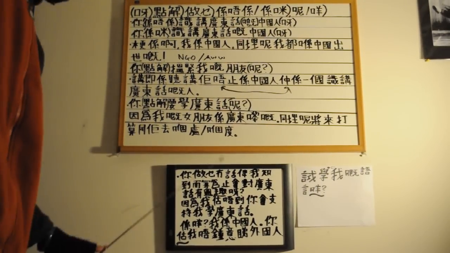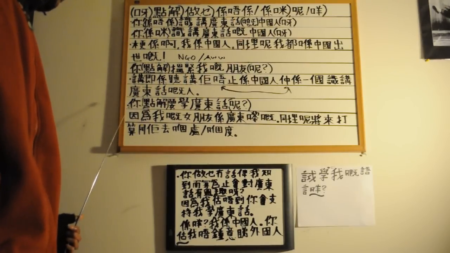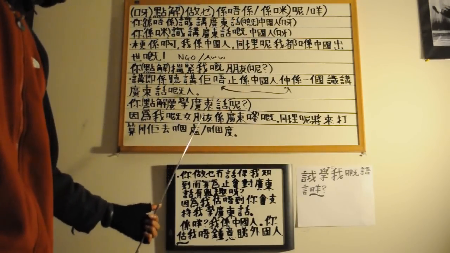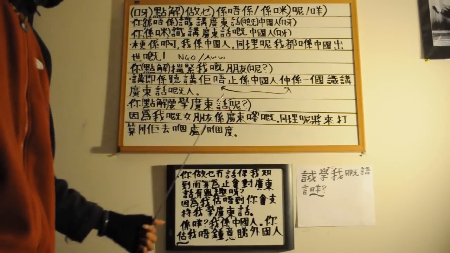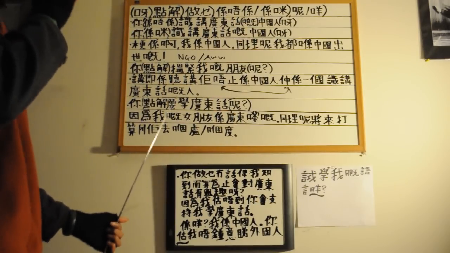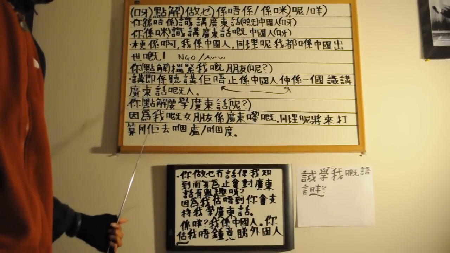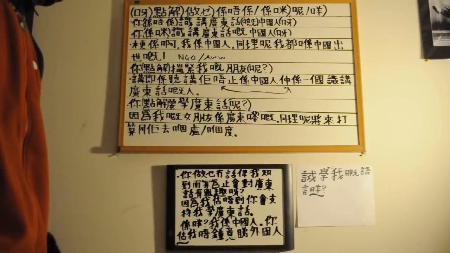Okay, moving on. What is this? 你點解要學廣東話呢? So why do you want to learn Cantonese? Again, we have 點解, why, and then le at the end.